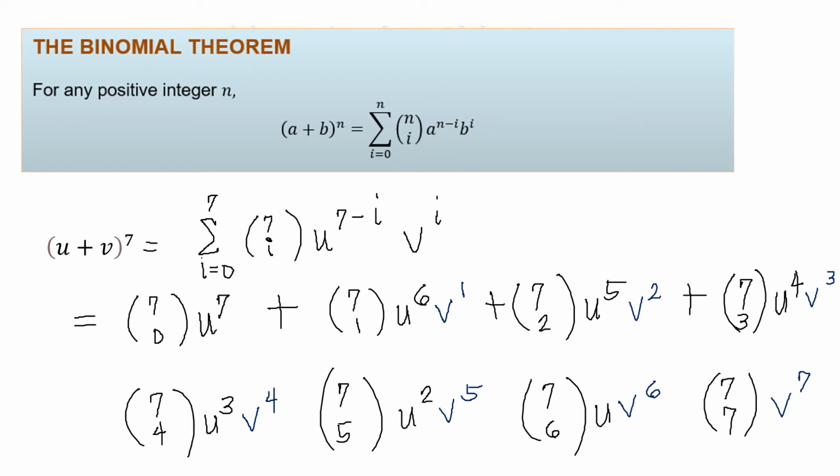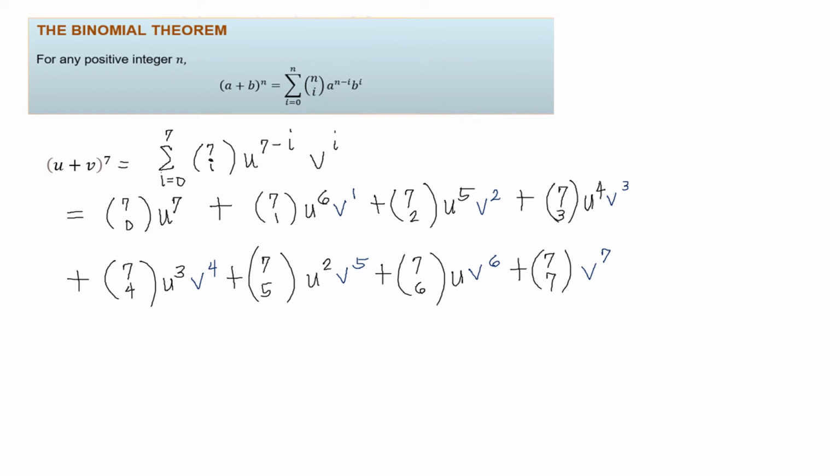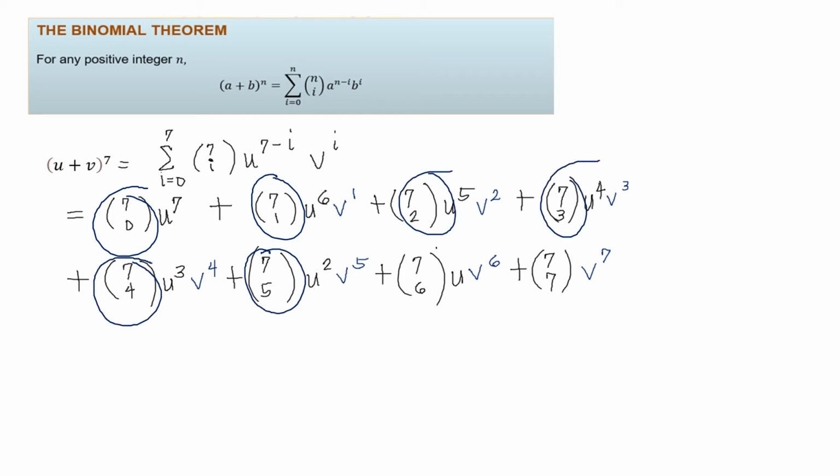So the next thing we need to do is to evaluate each combination. Now get your calculator and we evaluate. We are now ready for the evaluation of each combination here. Just find the key on your calculator. So we start from 7 taken 0, which is simply 1. Check it out in your calculator. That is simply 1.